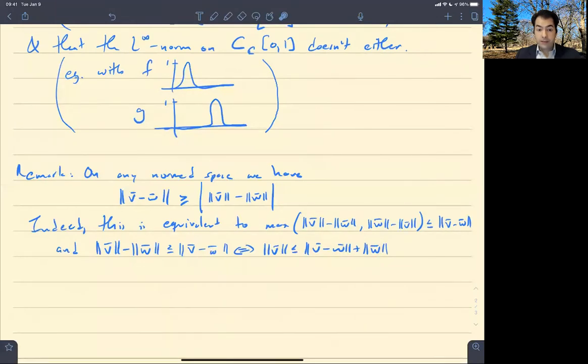Because triangle inequality says that the norm of the sum of this guy and this guy, which is this, is bounded above by the sum of the norm of this guy and the norm of this guy. So we're all set.